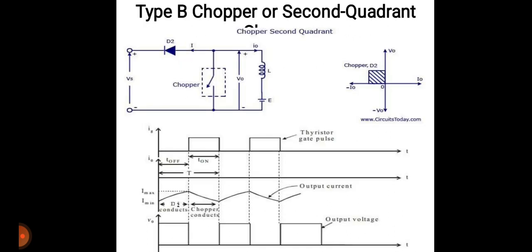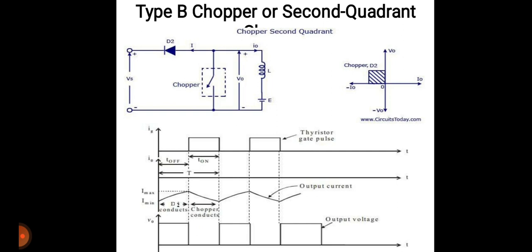Next one is the type B chopper, also known as second quadrant chopper. The power circuit for this type of chopper is shown in the figure, and its waveforms also. Note that the load must contain a DC source E, like a battery or DC motor, in this chopper.